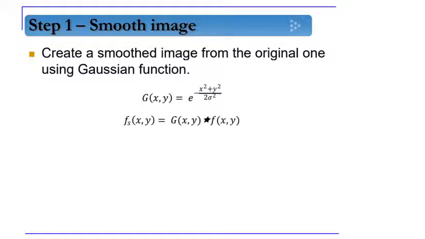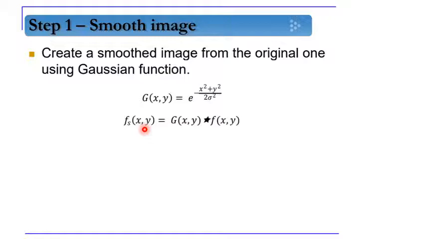Simply, we convolve g of xy, which is a two-dimensional Gaussian function, with the image function f of xy. After performing this convolution, it results in a smooth image represented by fs of xy.